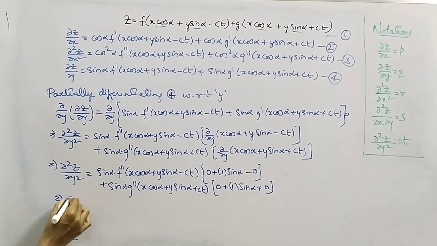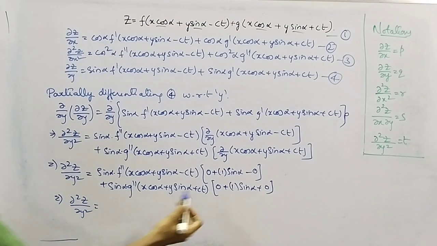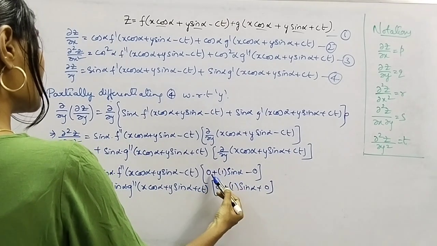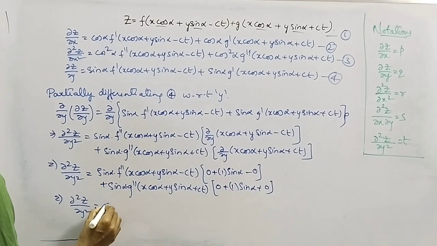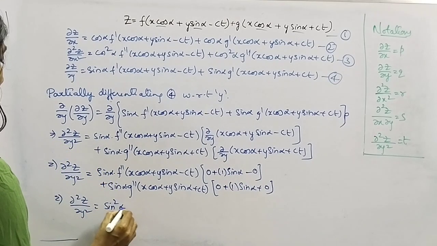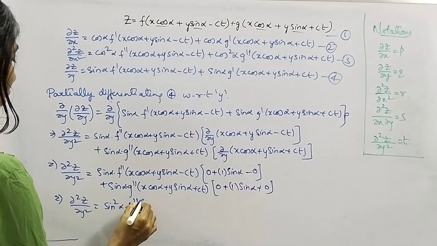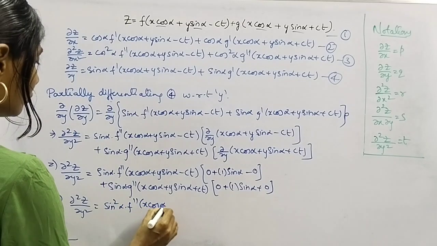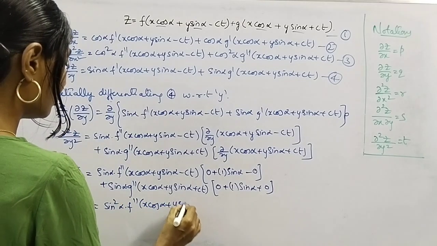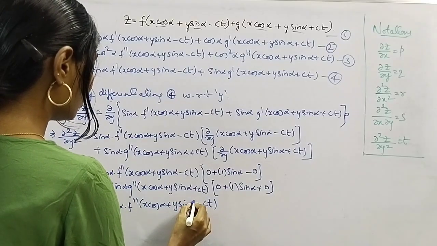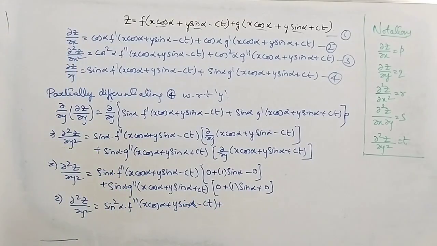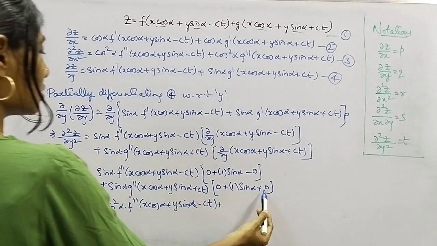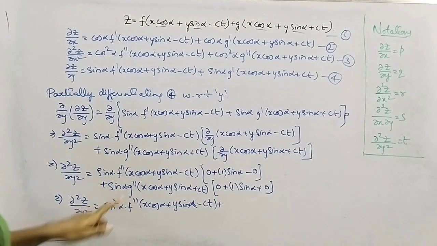This gives us dou square z by dou y square equal to 1 into sin alpha, sin alpha plus 0 minus 0, which gives sin alpha into sin alpha is sin square alpha. We'll get sin square alpha into f double dash, plus 1 into sin alpha is sin alpha plus 0 is sin alpha, into sin alpha is sin square alpha.